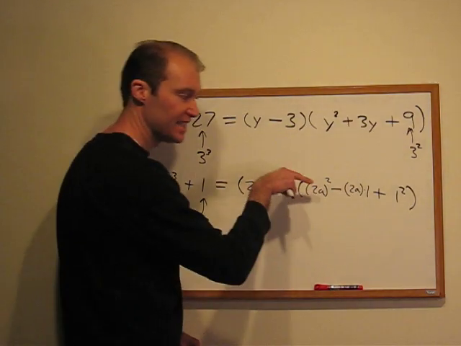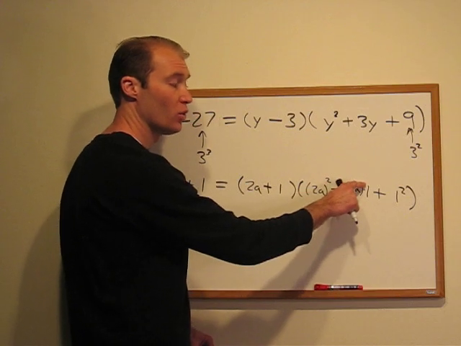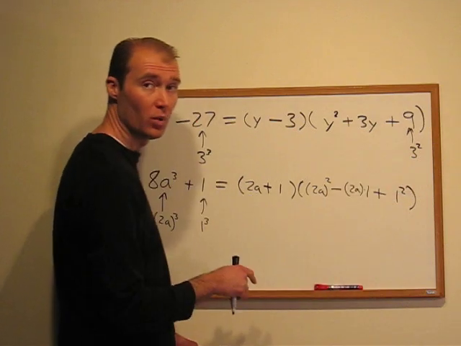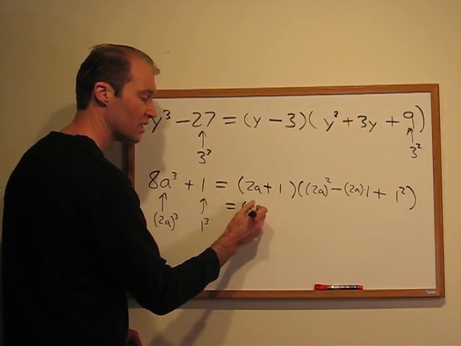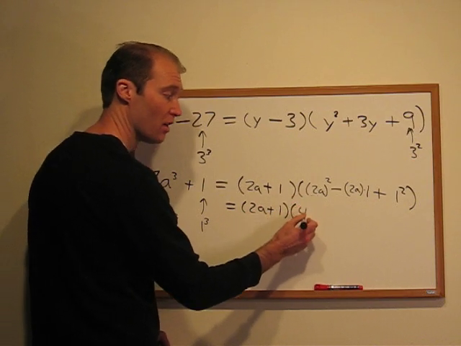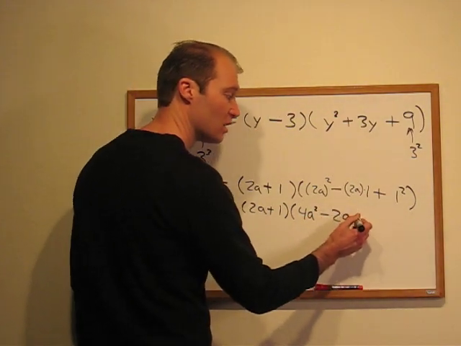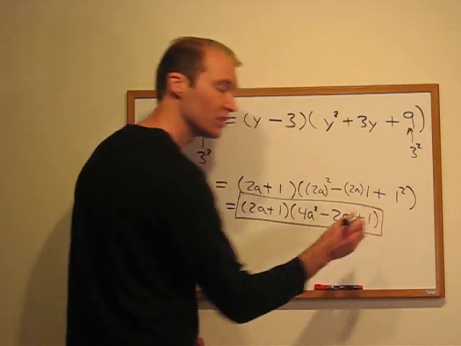Notice how I have descending powers of 2a: 2a squared, 2a to the first, and then no 2a, and ascending powers of 1. My final answer is just simplifying this. I get 2a plus 1 times, this is going to break down to 4a squared minus 2a plus 1, and that will be my final answer.